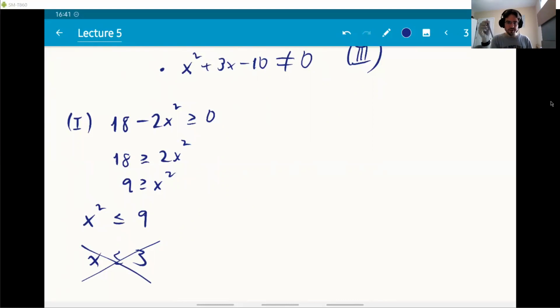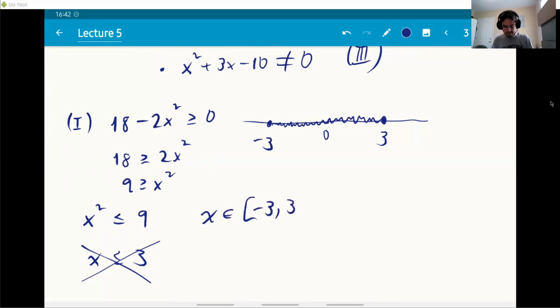So for example, the numbers between 0 and minus 3 will also be numbers with a square less than or equal to 9. So actually looking at the real line, all the numbers between minus 3 and 3 will satisfy this. So x belongs to this closed interval from minus 3 to 3.